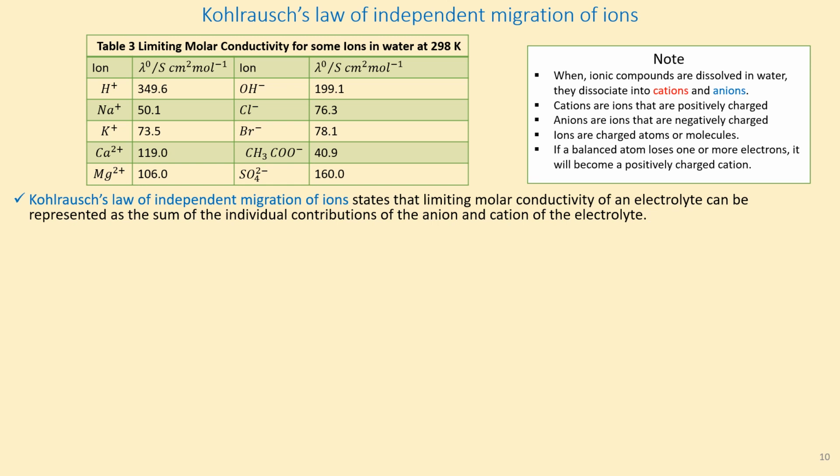Kohlrausch's law states that the limiting molar conductivity of an electrolyte can be represented as the sum of individual contributions of the anions and cations of the electrolyte.